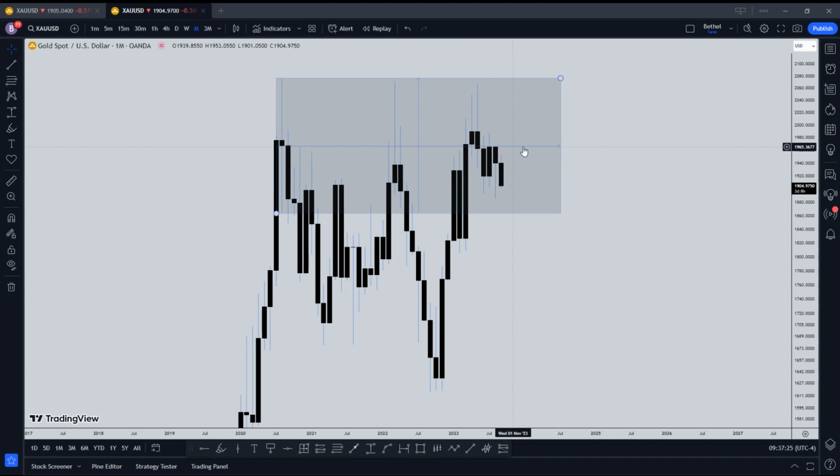So we have already left any business we were having above here. We're now broken below. Now we can get a possible test of these two, no, not lows, that's the open and close here, like the way we did here. You can see what we did here.